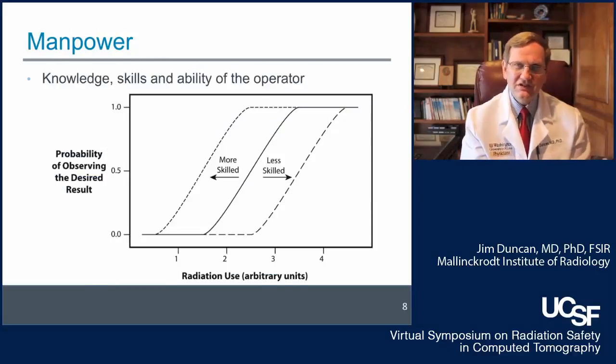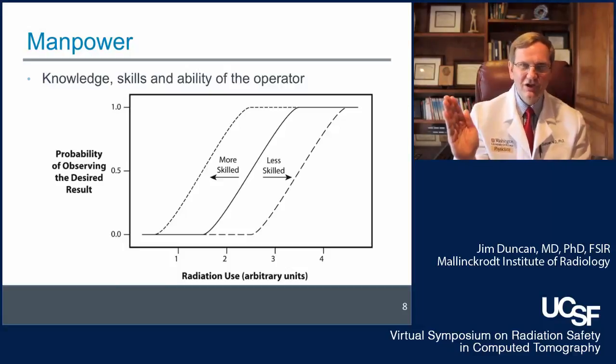Shifting to manpower, this curve shifts back and forth. Okay, the sigmoidal curve. I know when I was early in my training that I would use more fluoro frames, I would use more DSA. I wanted more information before I would finish a procedure.